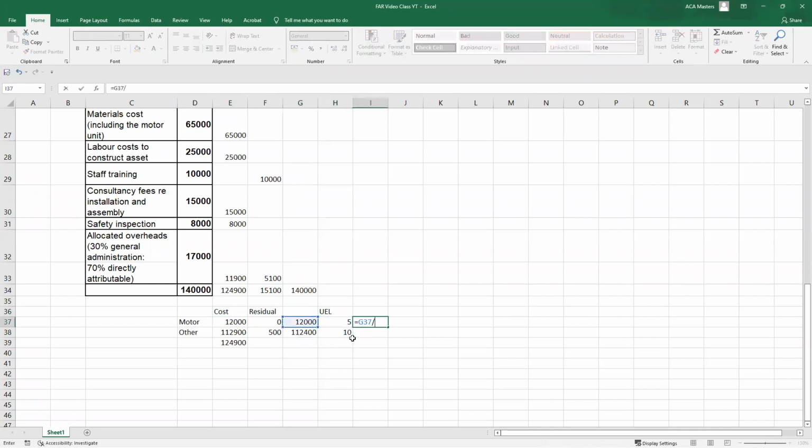The motor units would be used over 5 years. And therefore we can see that's the depreciation each year. But of course, we only want 3 months of depreciation. So you could divide by 12 times by 3, or perhaps easier would be to divide by 4. You could just do that and then drag that formula down. So therefore, we've got the cost of our PPE.